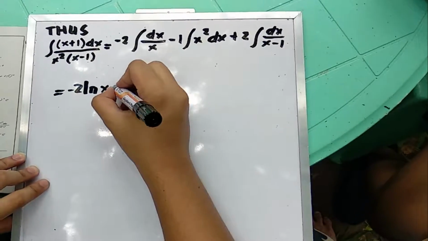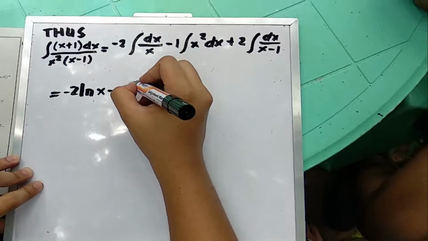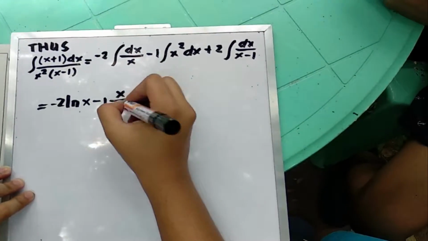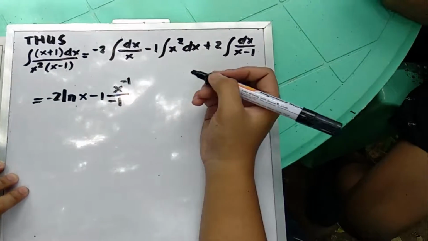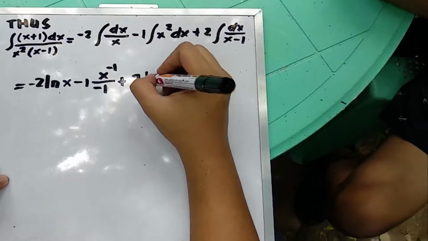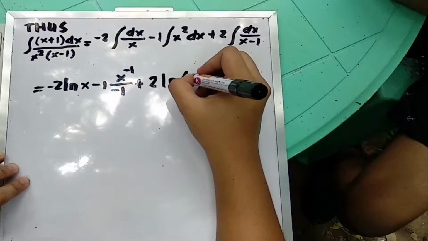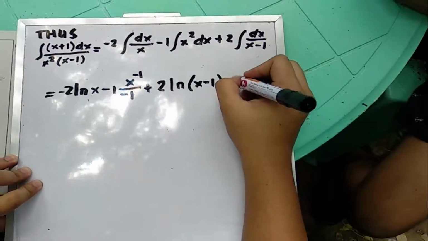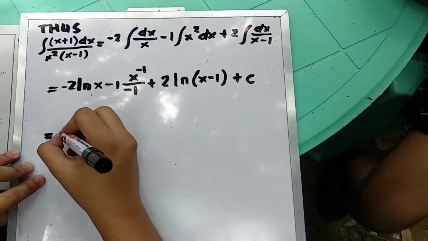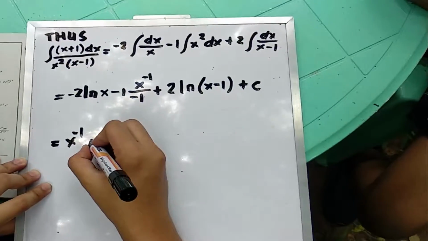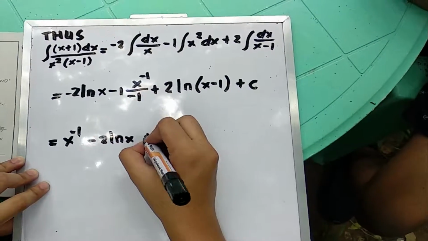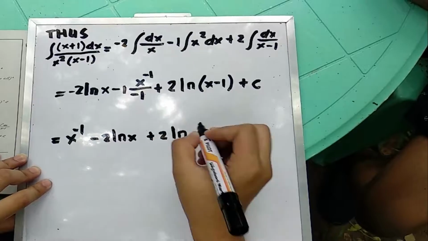We can simplify this into negative 2 ln|x| minus x raised to negative 1 over negative 1 plus 2 ln|x minus 1| plus C. The answer would then be x raised to negative 1 minus 2 ln|x| plus 2 ln|x minus 1| plus C.